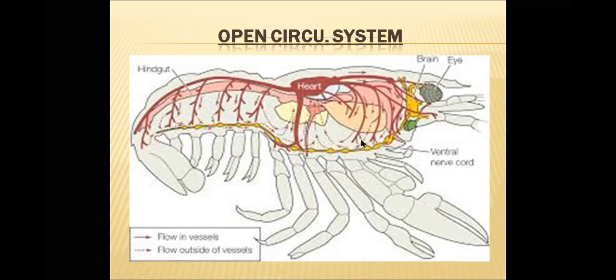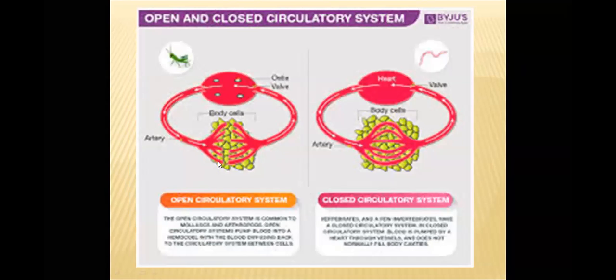So the blood vessel is opening into the open space, and blood is coming out of the blood vessel into the open spaces. And later again this blood will be collected by different other blood vessels, and these blood vessels will send the blood to this heart again. So in this way, we can clearly see this. This is the first one, the open circulatory system.